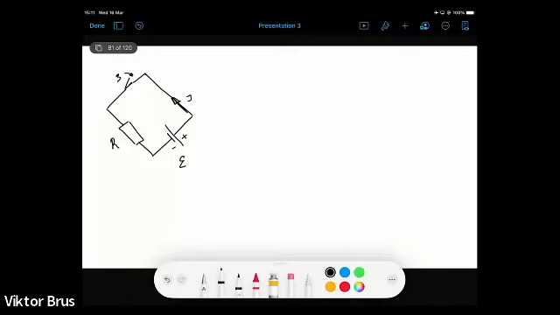And the question will be: at this time t equals naught, when we turn on the switch, right at that moment or right before that moment, electric current was equal to 0 because the switch was open.